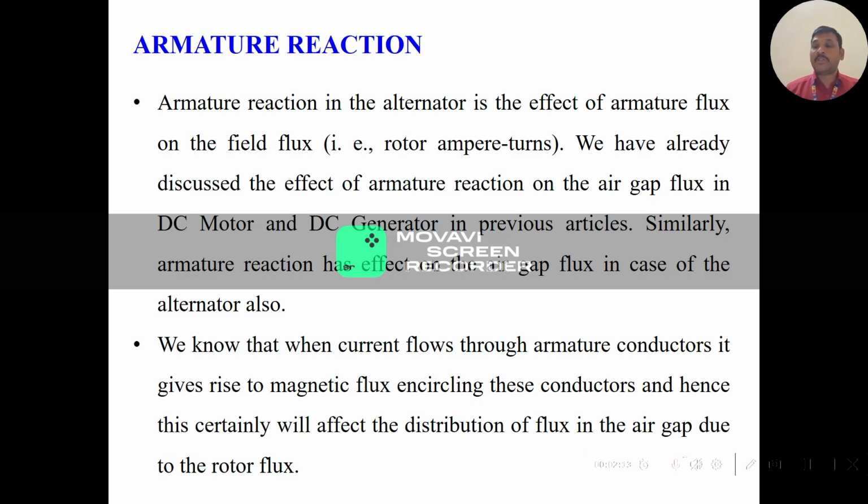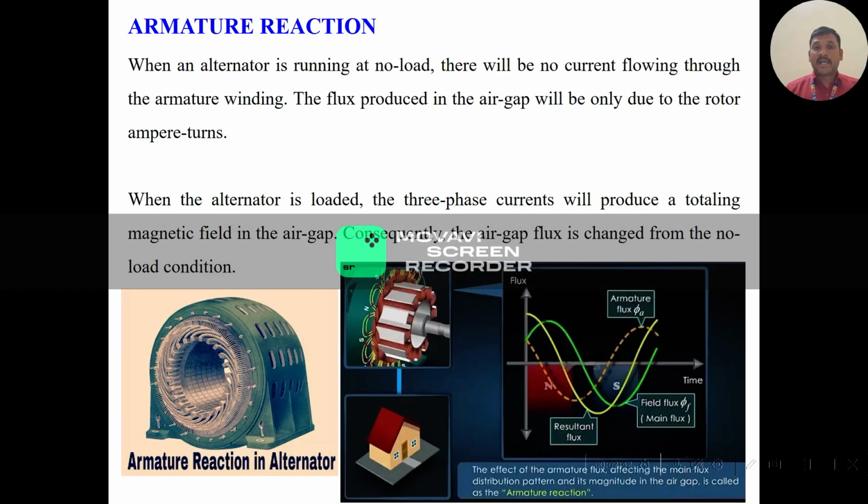The main field flux is produced by the current IF, and this armature flux is produced by the armature current IA. So whenever you are connecting the load across the alternator terminal, automatically the armature current will rise when you are loading the alternator. This is the basic definition of armature reaction.